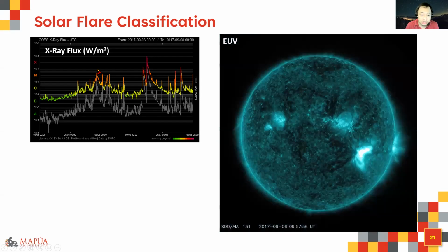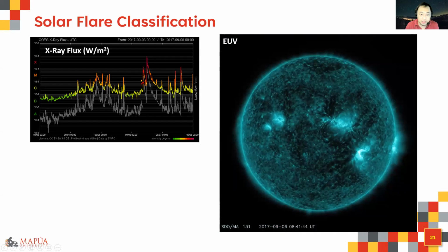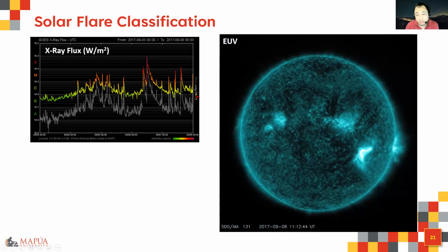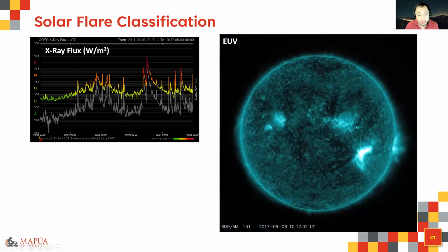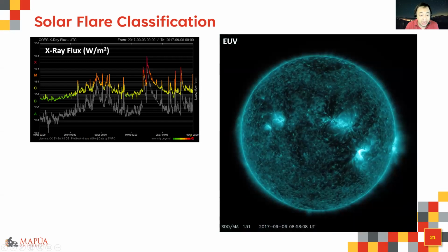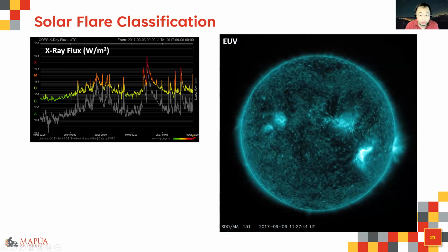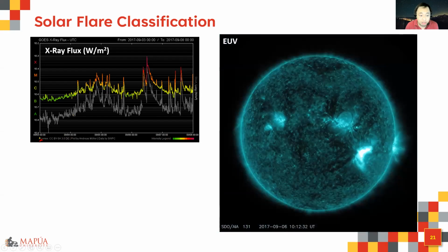You can see that it is measured in watts per square meter. Okay, the y-axis is the X-ray flux. The horizontal axis is the time from 0 to 24 UT of September.